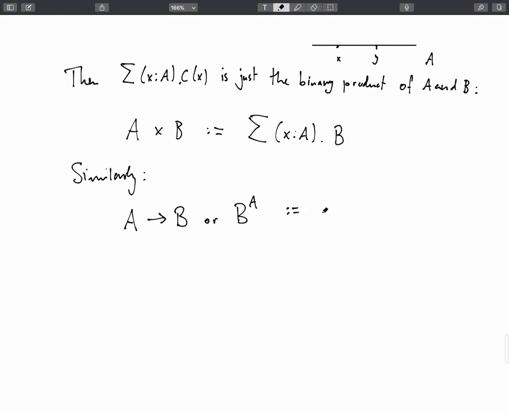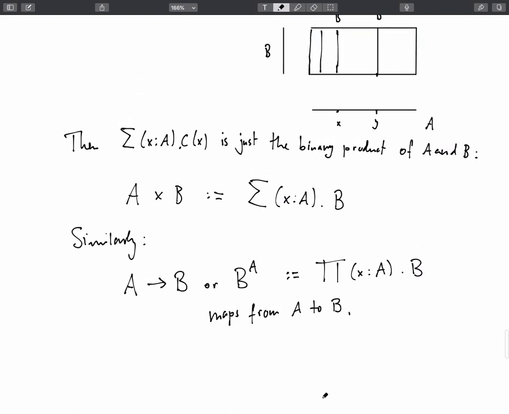This is just the pi over x in A of B. And these are just functions, maps, from A to B.